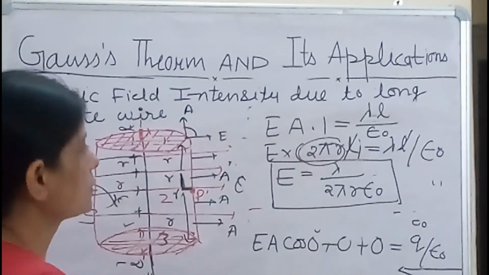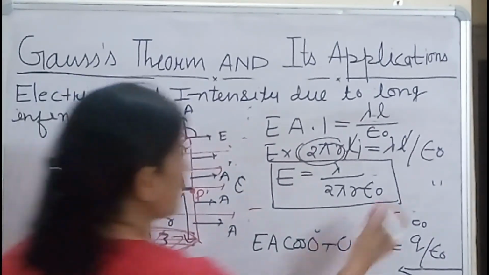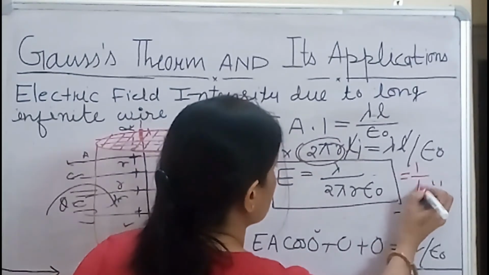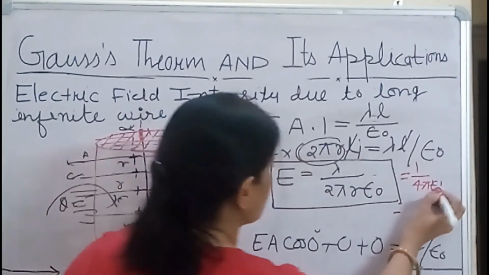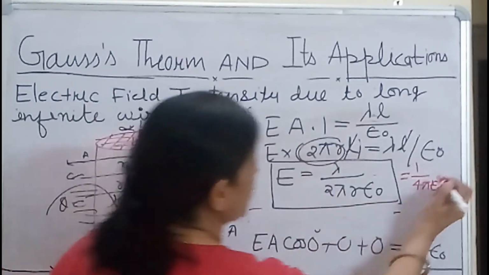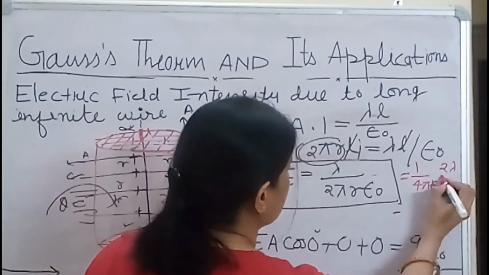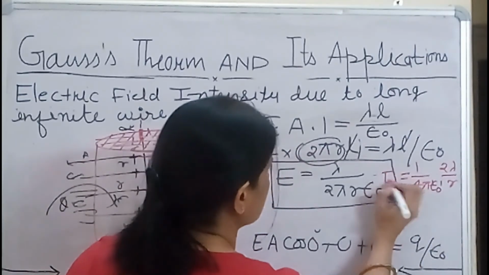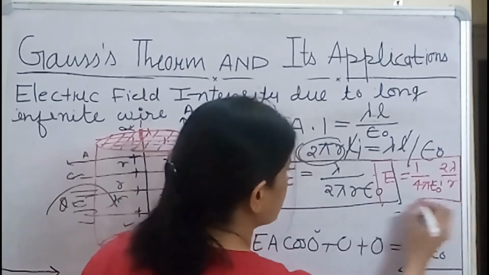Or just to make it easy, we can write it as 1 upon 4 pi epsilon naught, multiplied and divided by 2: 1 upon 4 pi epsilon naught times 2 lambda upon r. Easy. This is the formula.